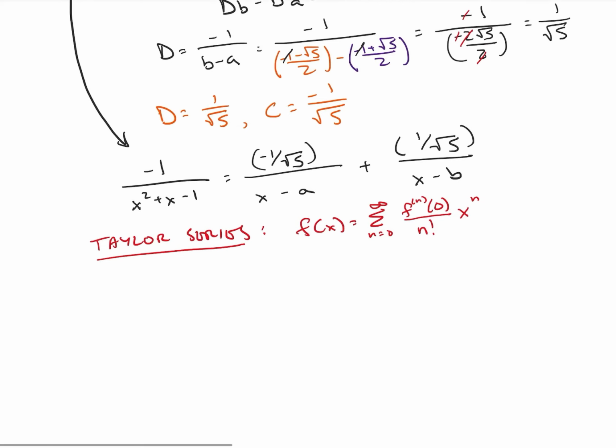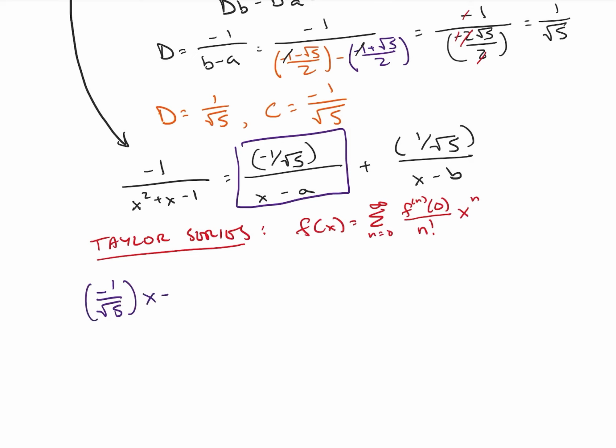And so if we do this for our different guys, this first one, if we have negative 1 over square root of 5 times 1 over x minus a, that's going to be negative 1 over the square root of 5.